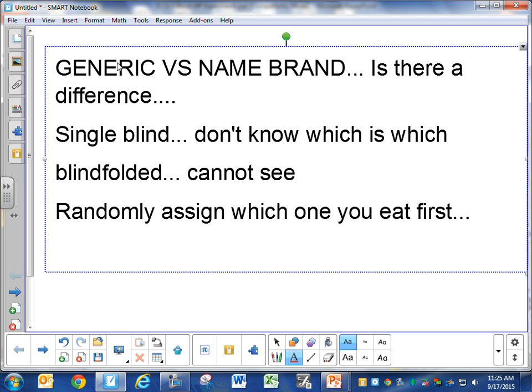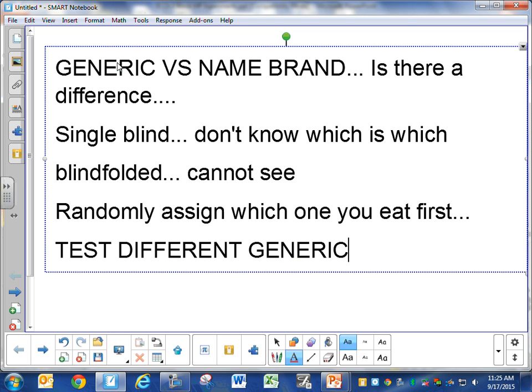All right. And then, what was the key, Ms. Jameson, with what you said? We said, what if we don't like Fruit Loops? We're not going to be able to pick the difference between the generic and name brand. What else should we do? You said we should test different generic versus name brand.